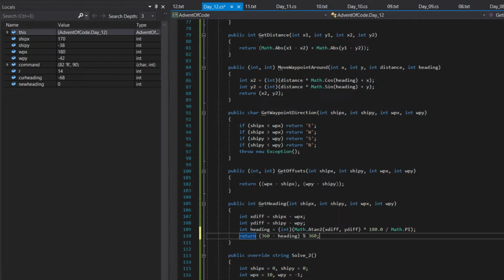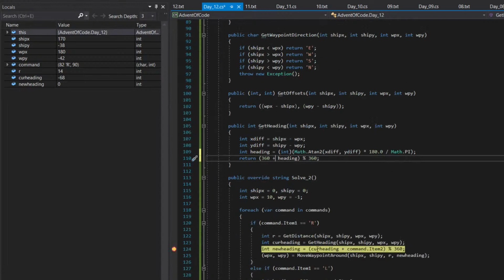Is that correct? Negative 68, which should be plus. So negative 68 would take us something like almost 270 or a bit more.